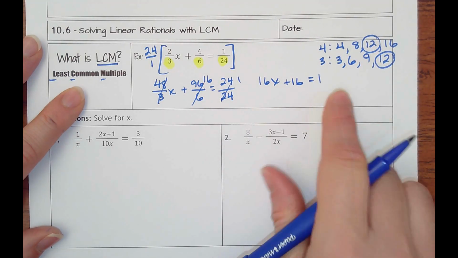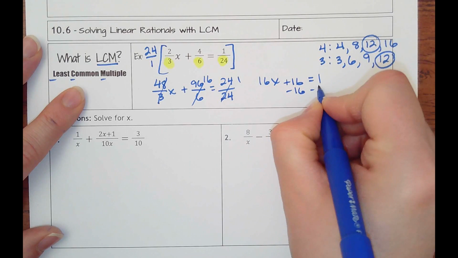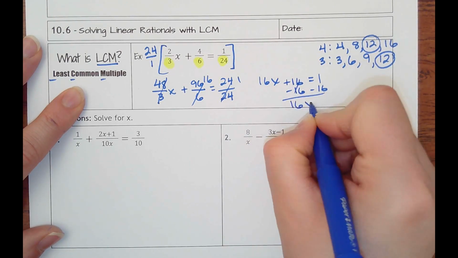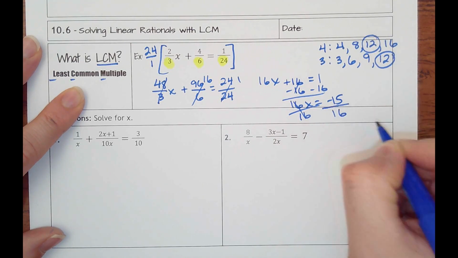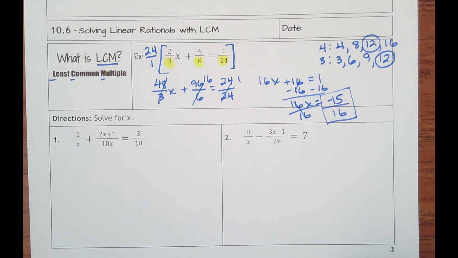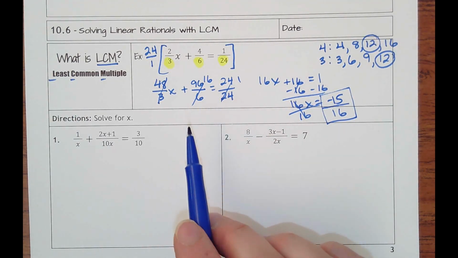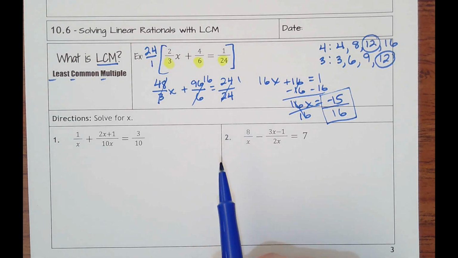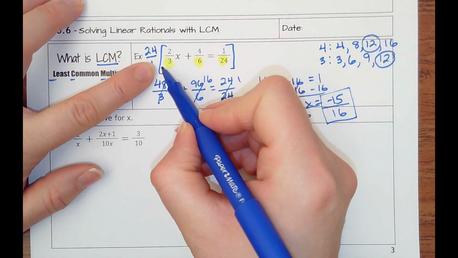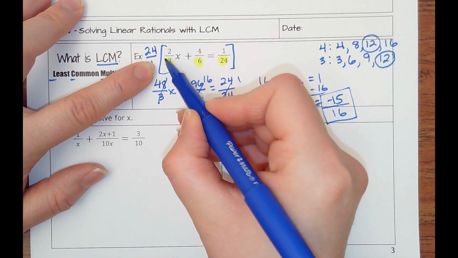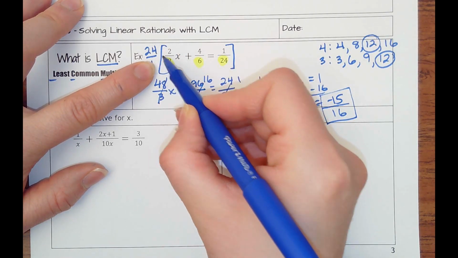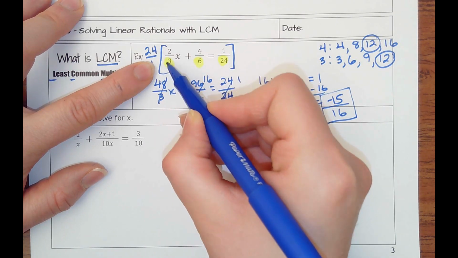That would be easier to solve. I'd subtract the 16, which is negative 15, divided by 16. It doesn't come out to be a nice number, but that's my answer. So I would much rather do that than mess with fractions. The faster way to go from the get-go, instead of getting such big numbers, is to check divide first. So 24 divided by 3, they can cross simplify, would be 8.